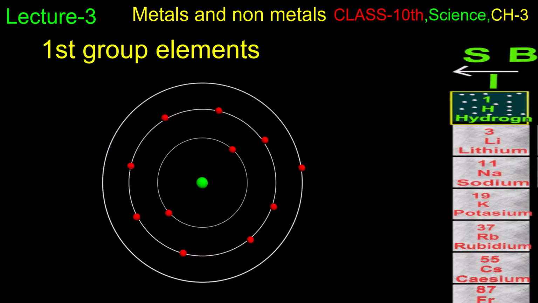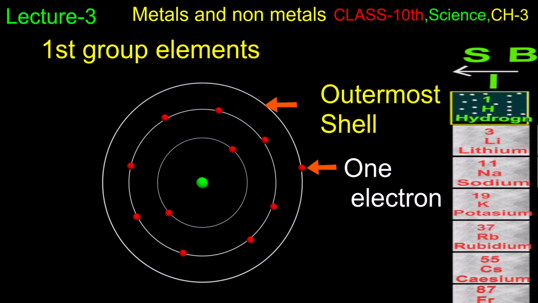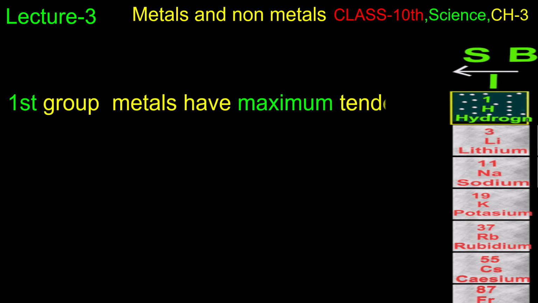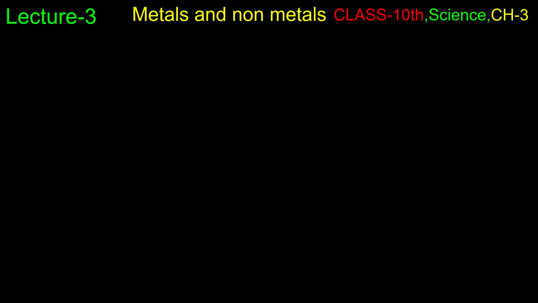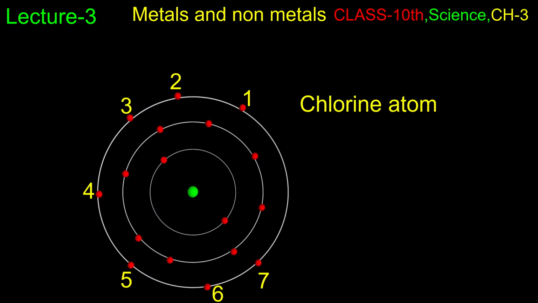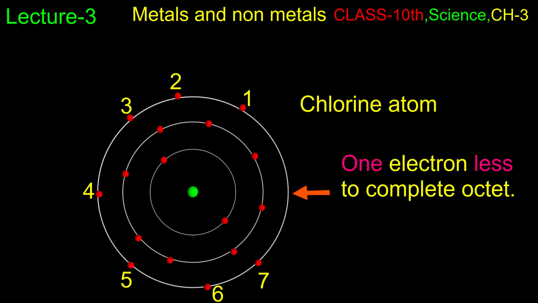First group metals have only one electron in their outermost cell. Hence, they have maximum tendency to lose electrons. And the 17th group non-metals have only one electron less to complete their octet.